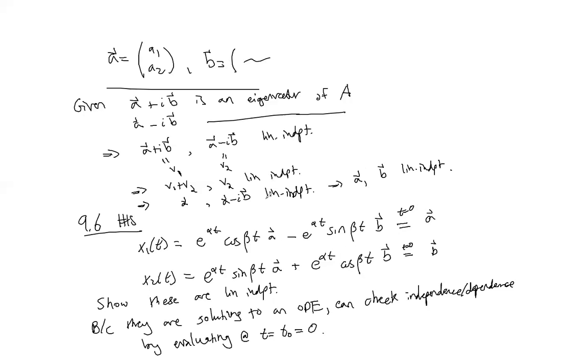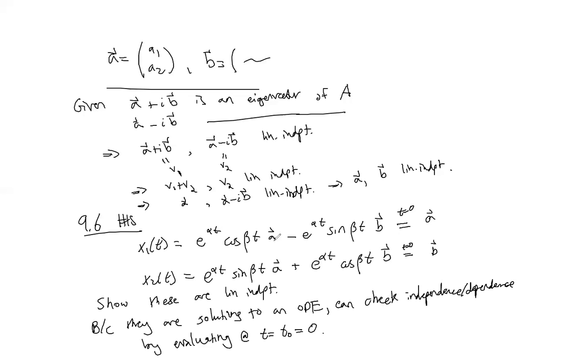Something seems wrong here. I'm not sure if this is correct. Someone said, what if A is 0? That seems weird. I mean, it could be, right? I don't know how to do this one offhand.